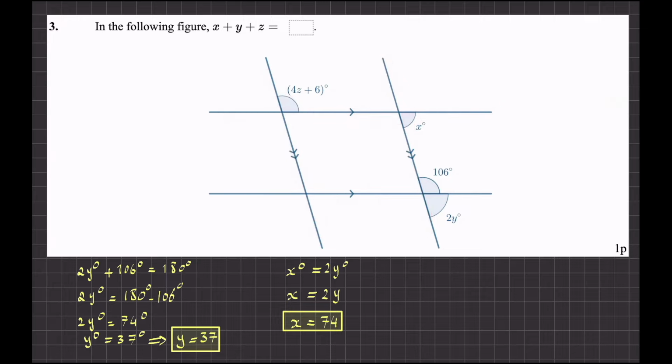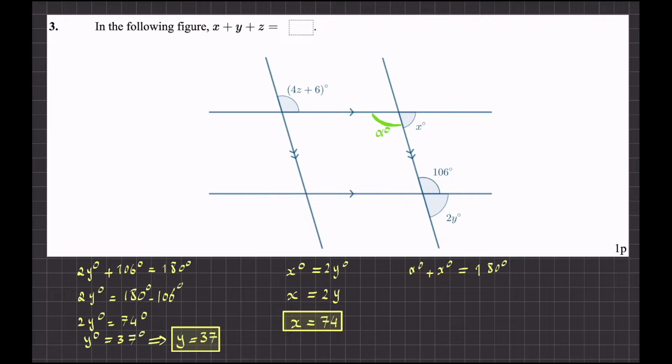Okay, so for example, if I call this angle alpha, I know that alpha plus x, so let me call it alpha degrees. So this means that alpha degrees plus x degrees is 180 degrees. Yes. And then what do I have?